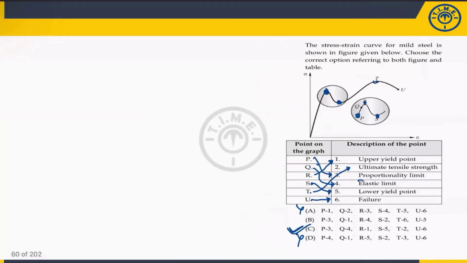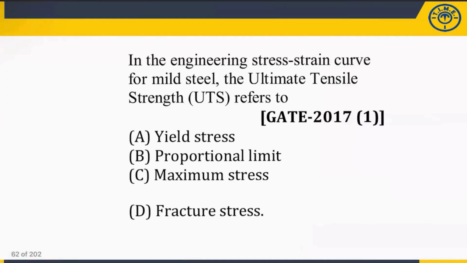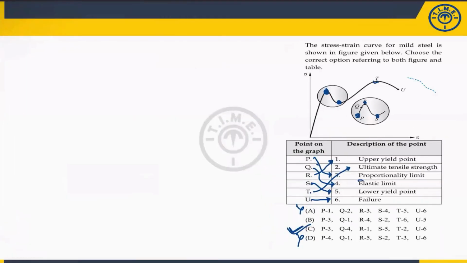If you understood that particular graph, you can easily tell me, in an engineering stress strain curve, whatever stress strain curve I have drawn for mild steel, what is the ultimate tensile strength? Just now I discussed the definition and the same question was framed in 2017. What will be the correct answer? What is the ultimate tensile strength? If you want, I can take the same figure here so that it is easy.